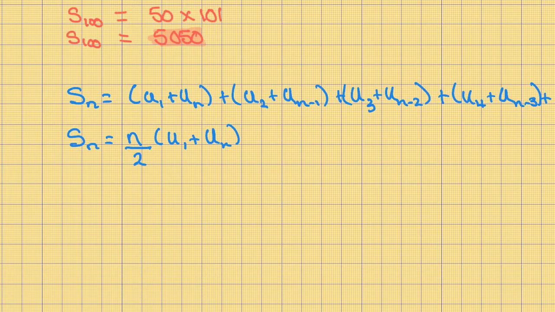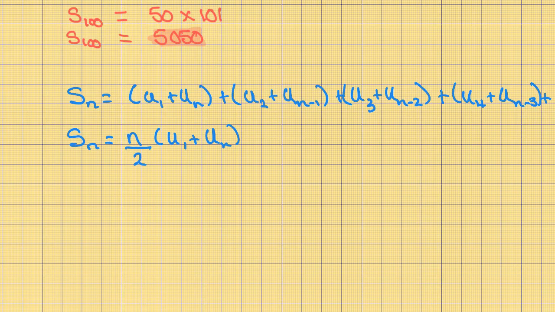In other words, the sum of the first n terms in any arithmetic series is equal to the number of terms divided by 2 times the first term plus the last term.